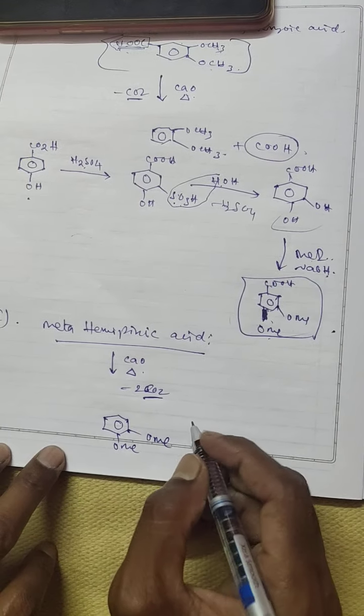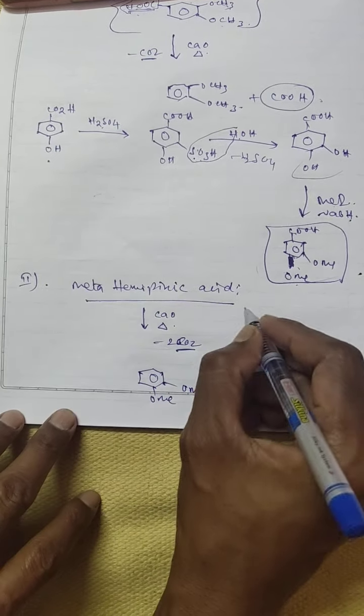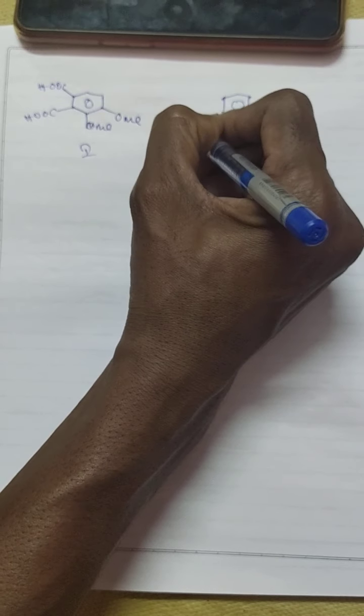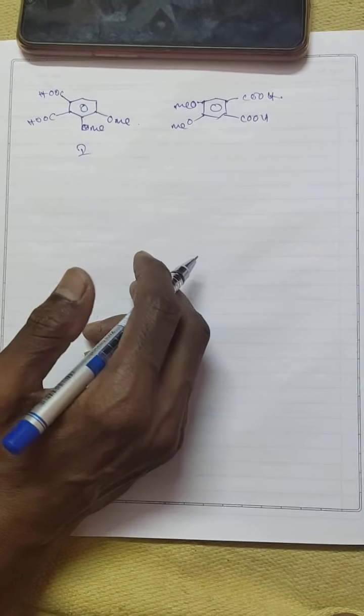Here 2 carboxylic acids may be present, but I don't know the position. So what is the position? The possible structures may be like this. For the methoxy groups, there are 2 possibilities. This is the first structure, and another one is this, the second possible structure.